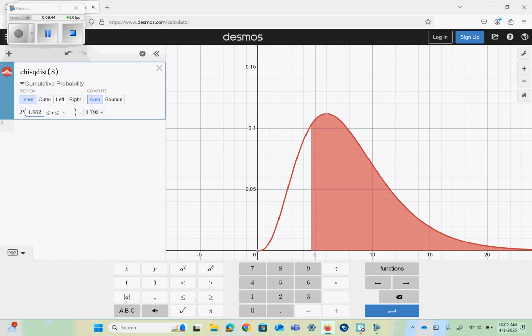The assumptions are the same as the goodness of fit test: sampling must be random, and each expected value must be greater than 5.